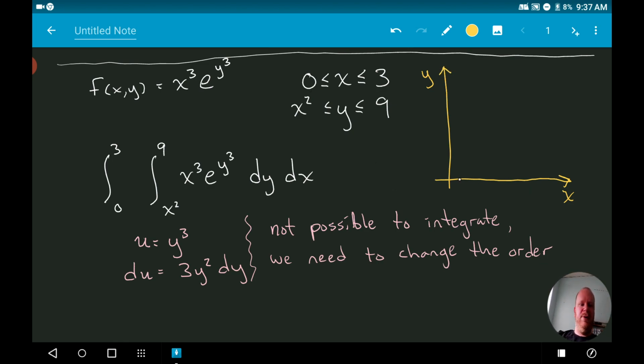So x is in between 0 and 3. So this is the line x equals 0. This is the line x equals 3. So I'm going to be in between these two lines, and then y is in between 9. So here's 9, and then y equals x squared.